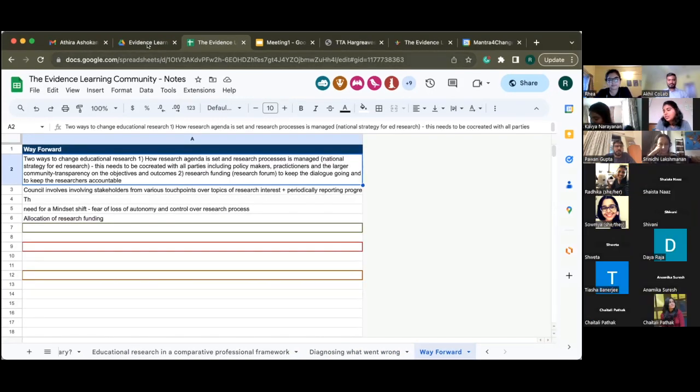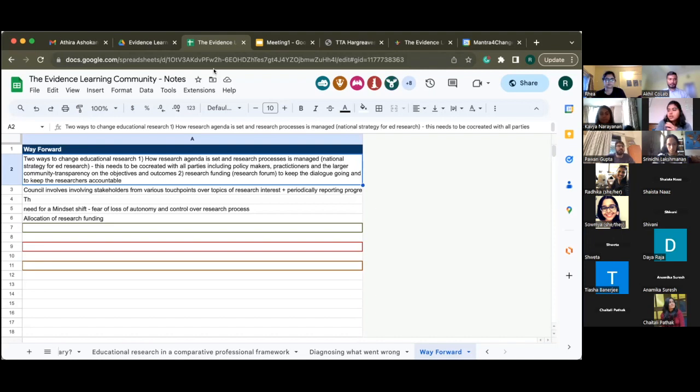So in the section regarding the way forward, there was a lot of emphasis on strategizing the whole practice of educational research, and setting up a committee or a forum where all the stakeholders of education, the policymakers, the practitioners, and the researchers could come to a common point and discuss, and create those opportunities around what research is required, as opposed to all of these functioning in silos.